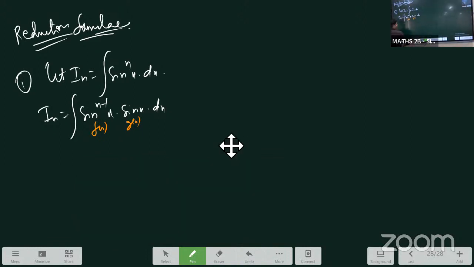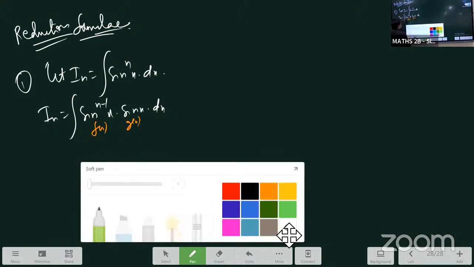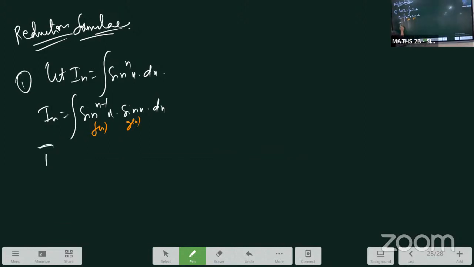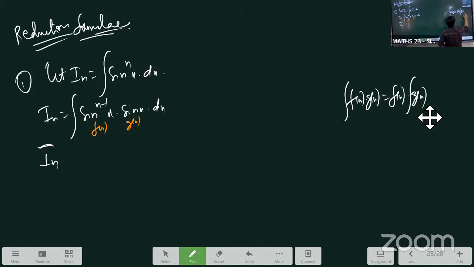Then In is equal to integration by parts. I will write the formula once. Integration of f of x into g of x is f of x into integration of g of x minus integration of d by dx of f of x into integration of g of x. This is your integration by parts formula.